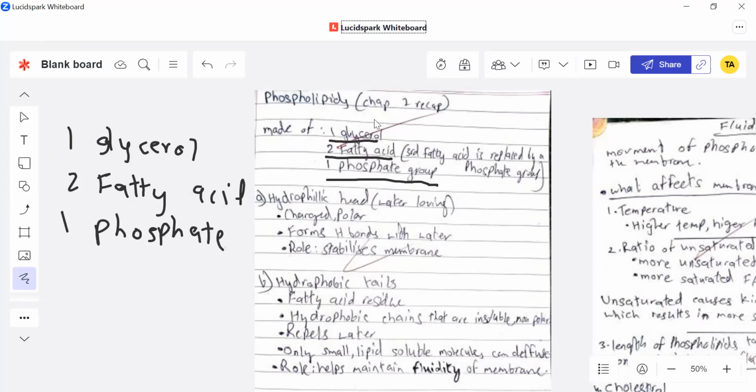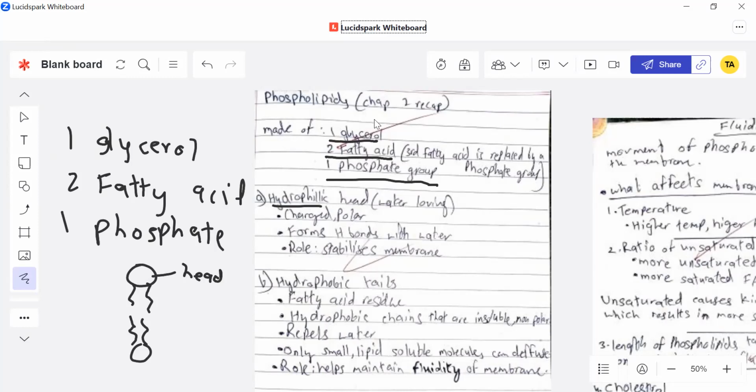Now, again, you'll learn more about the phospholipids in chapter number 1. But for now, you only need to know it's made up of glycerol. It has two fatty acids, one phosphate group, and the structure looks something like this. This is one phospholipid molecule.